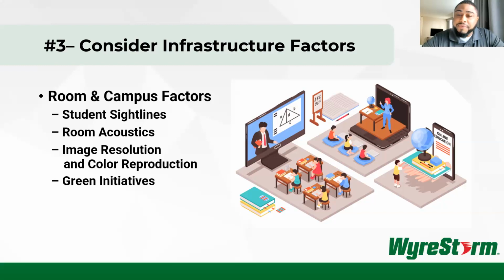How close is the furthest student from the screen? How far is the closest student to the screen? And you'll understand what I mean later if you think about that. You really want to understand who's in the room, where are they sitting, and what are they looking at, right? 4K looks great on direct view LED, but it doesn't if you're looking at spreadsheets, right? If you're looking at spreadsheets, you want 4K and they need to be really big, maybe you should look at projection, or maybe it should be a mix of technologies, right?